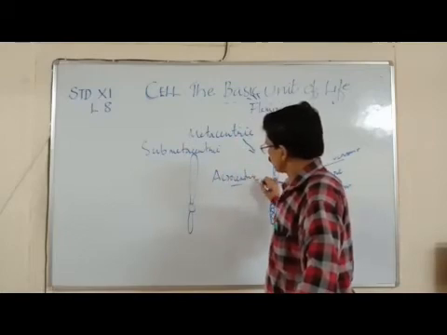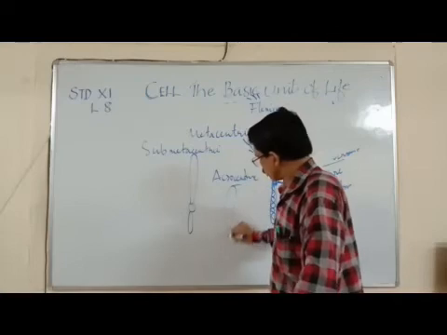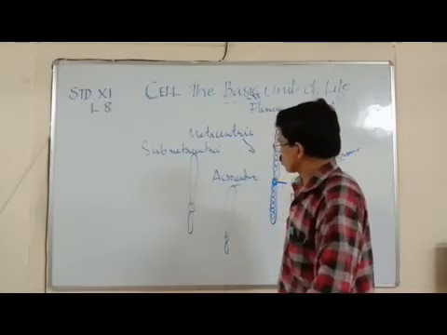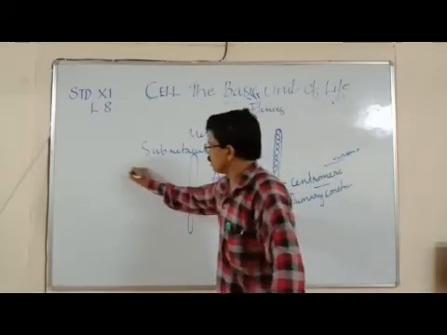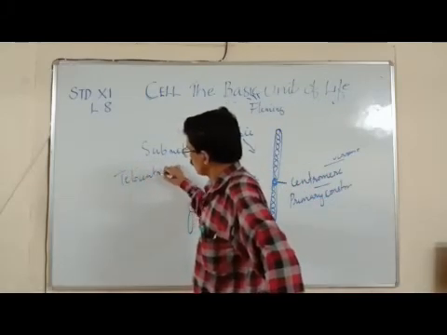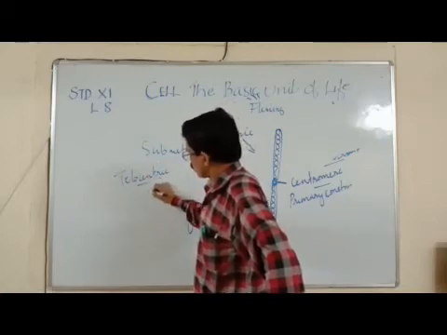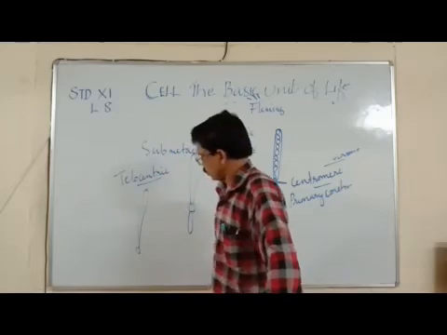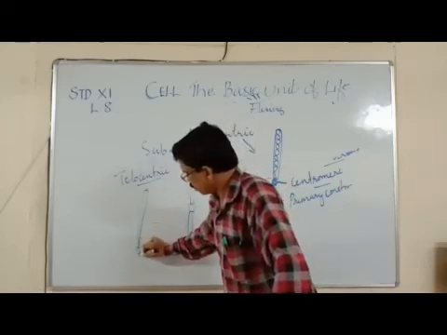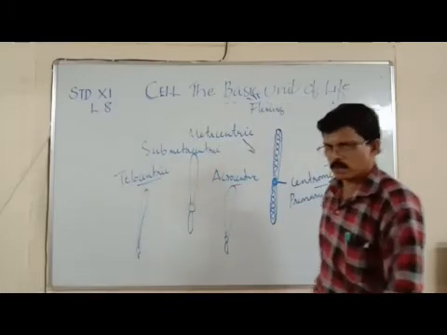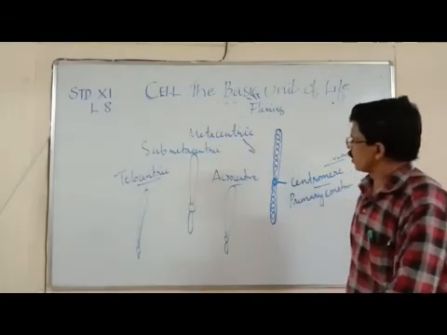In acrocentric, you can see one of the arms is very long, and the other arm is very short. Whereas in a telocentric chromosome, the centromere is positioned at the tip of the chromosome so that the other arm is invisible or very small. So there are four types of chromosomes based on the position of the centromere.